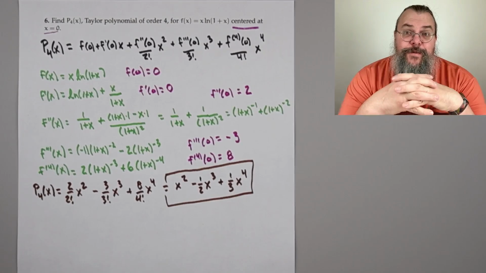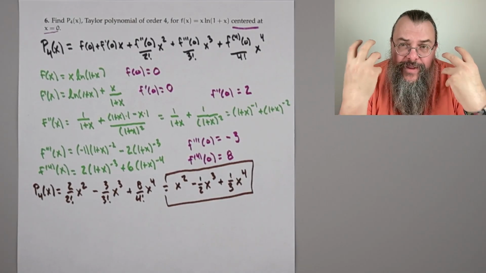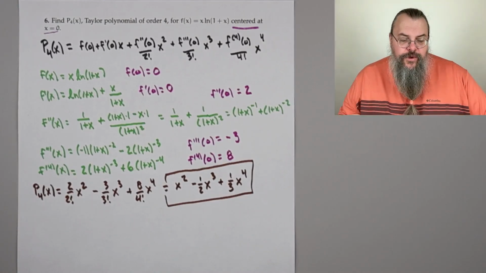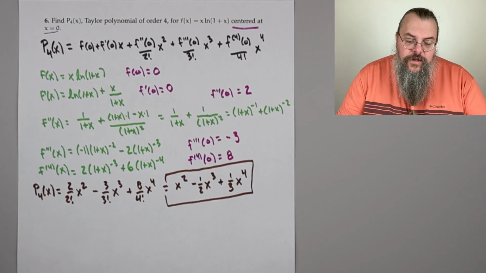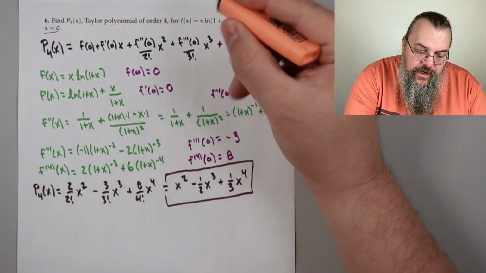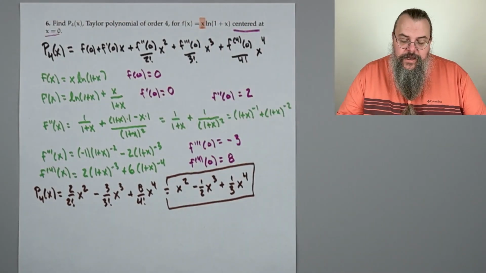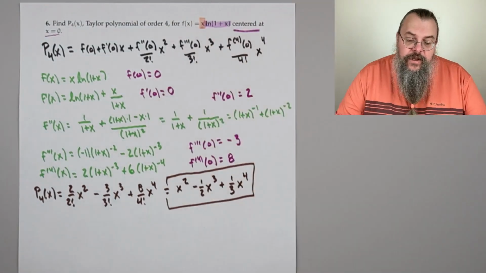What's another way we could have approached this problem? Well, we could think about this and say, it's all about polynomials. And so we have two things multiplying. And in particular, if you look at your function, you say, okay, I have x, that's one thing, and then I have log of 1 plus x. Now here's the thing.